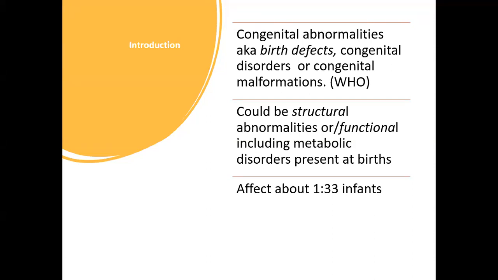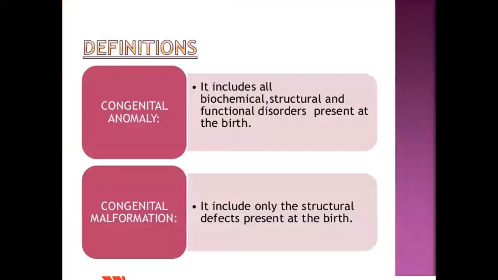Generally speaking, congenital abnormalities could be structural or functional. Functional congenital abnormalities include metabolic disorders that are present at birth. Congenital abnormalities are common. They affect about 1 in 33 infants.